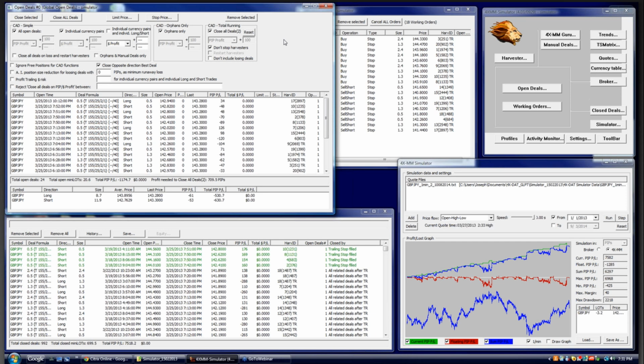No. I ran it for only about 2 months, but I had tested it on prior data, just like you see me testing it with the simulator. I tested it on tick data, which would take probably about a week to do. So I tested about 2.5 years of it running on tick data.